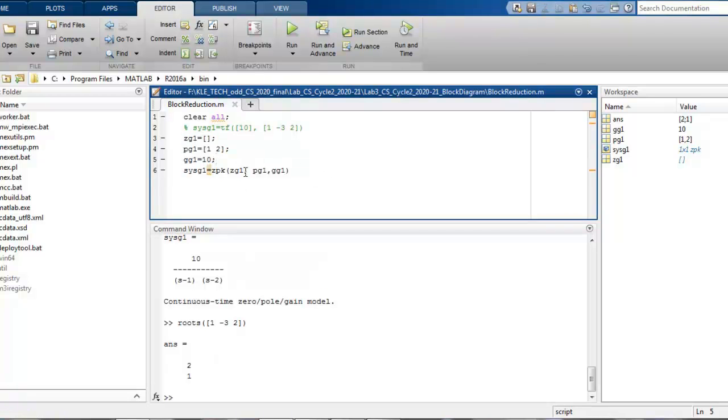Again, somebody was interested, then zeros can be null. Here it can be 1 space 2. Here it can be 10 or in the bracket 10. Both can be okay.